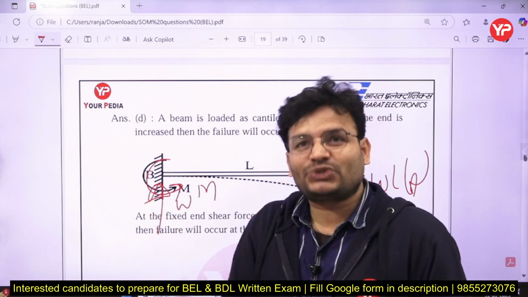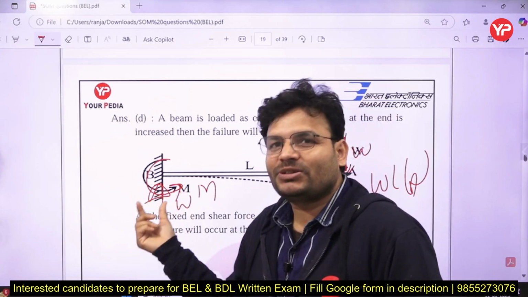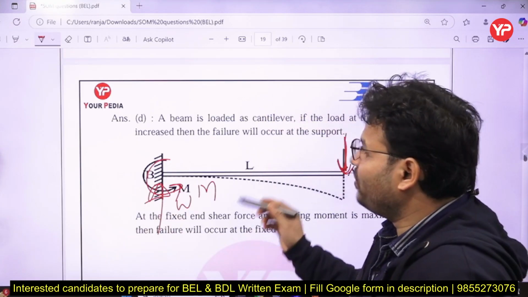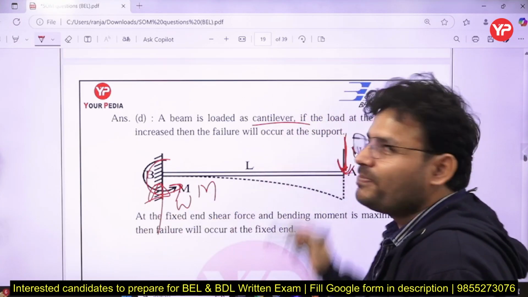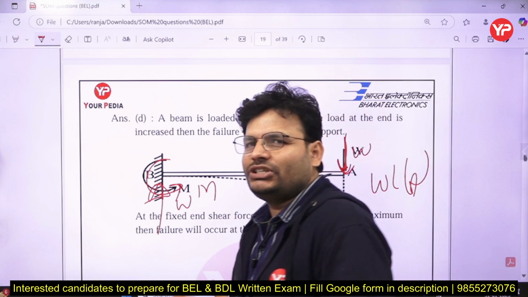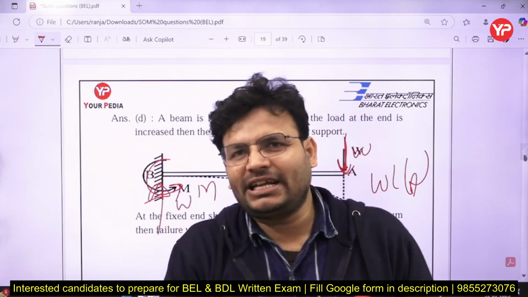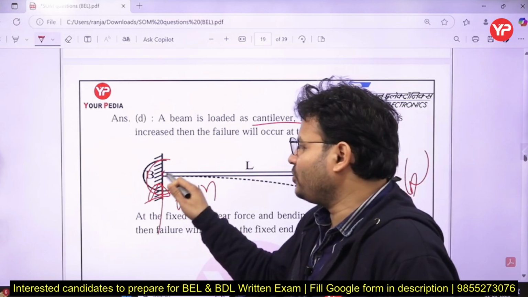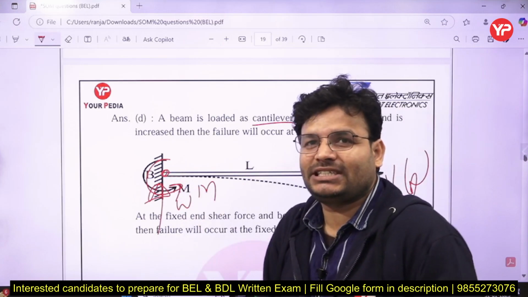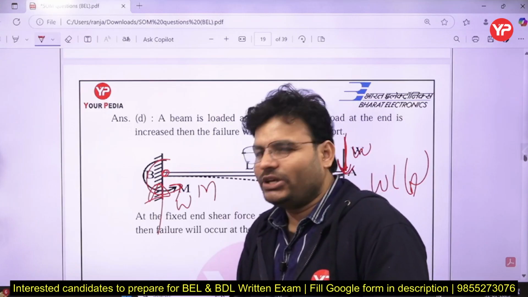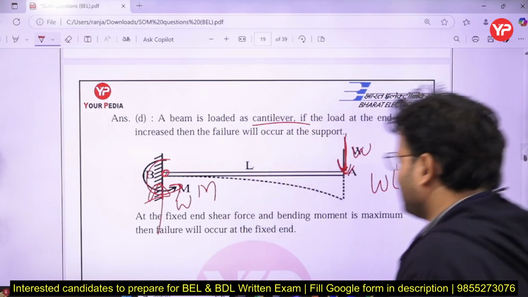So if failure occurs, it will take place at the fixed point. Try to keep in mind, whenever you talk about a cantilever beam and you continuously increase the load, especially at the end, if fracture takes place, it will be at the point where it is fixed, because the shear force as well as the bending moment increase there until they reach the point where breaking can take place.